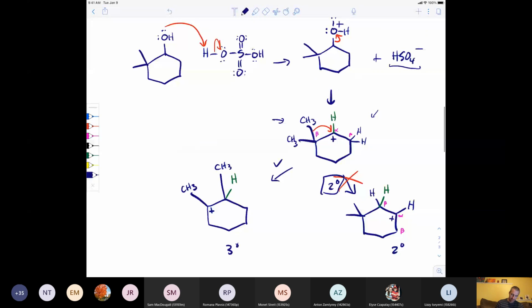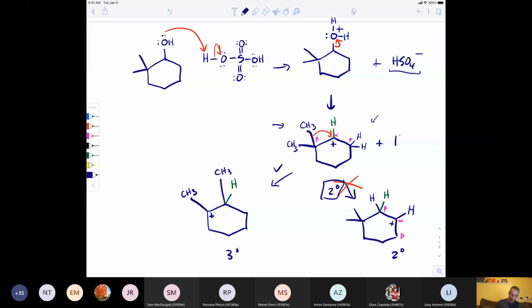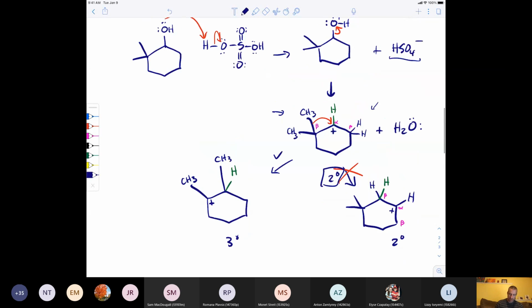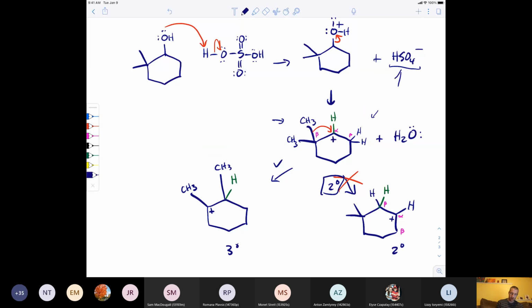Notice that in that step right there, we also lost a molecule of water. We did the dehydration. So we want to bring that water molecule back because we need a base. And the conjugate base of a strong acid is not a good base. But water is all right. So we can take water and we can remove a beta hydrogen.